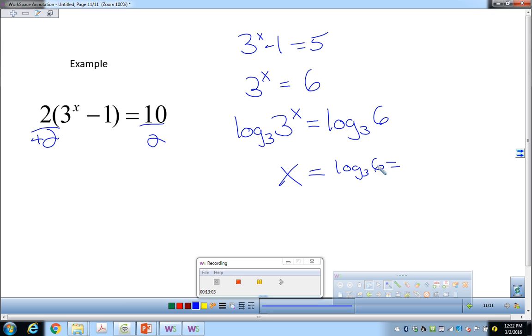How would I find that on your calculator? You would do log of 6, any base, over log of 3. Get it? You could do ln too. Okay?